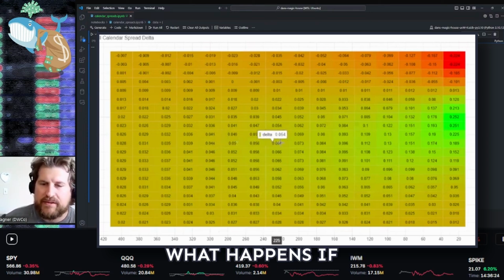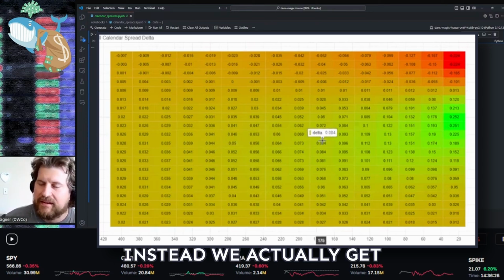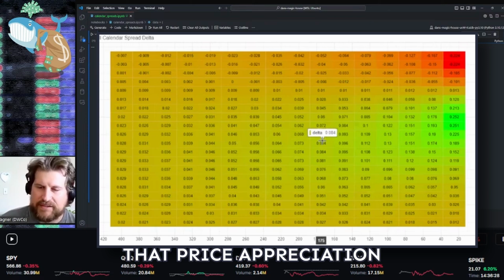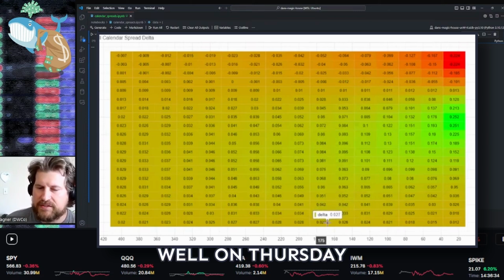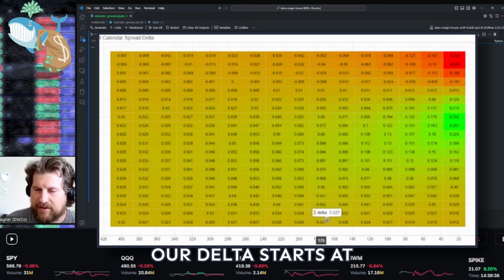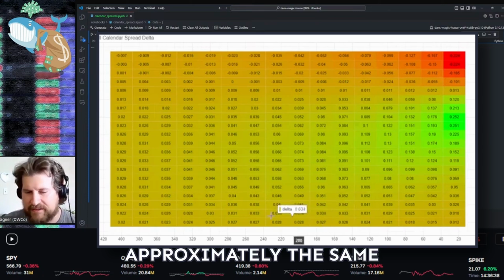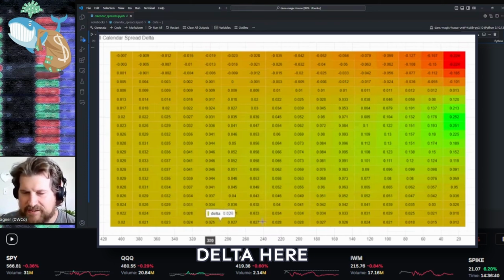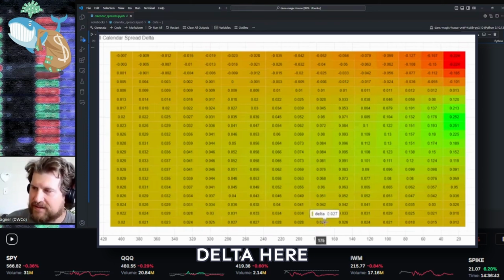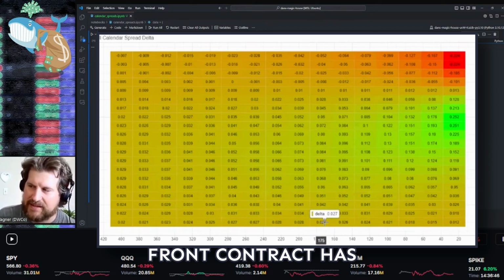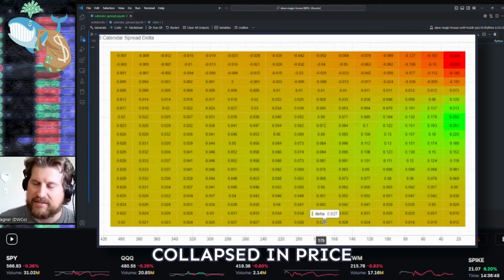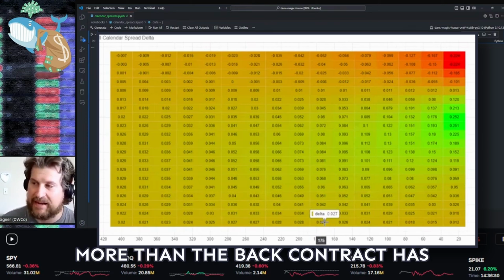Well, what happens if instead we actually get that price appreciation on Thursday? Well, on Thursday, our delta starts at approximately the same delta here. It's a tiny bit higher because that front contract has collapsed in price more than the back contract has.